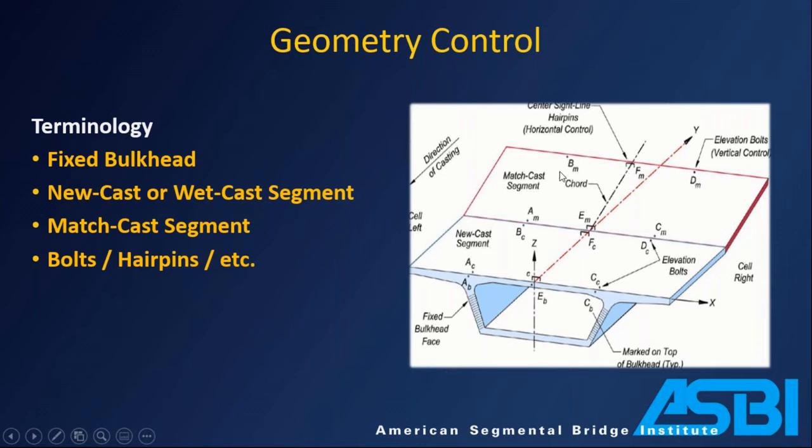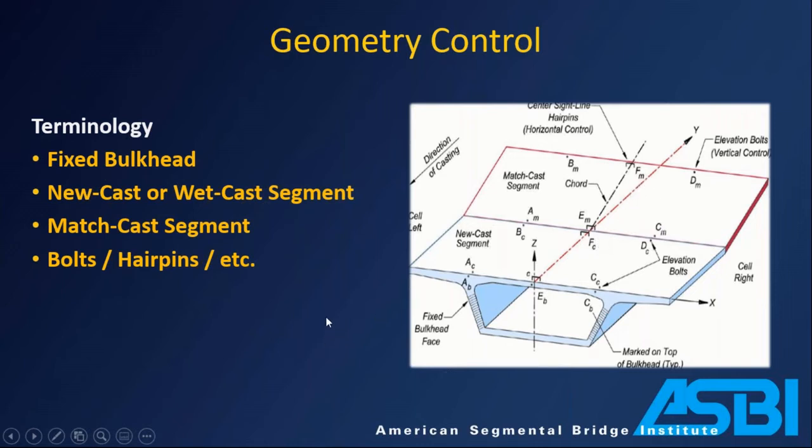You also have elevation bolts, so that controls the vertical geometry. How much higher should this face be than that face if you're going in a vertical curve? How much difference should there be between the two sides if you're going through a crossfall relative to each other? And again, it's all a relative measurement. How much higher is this side, adjust it, and that creates the geometry.